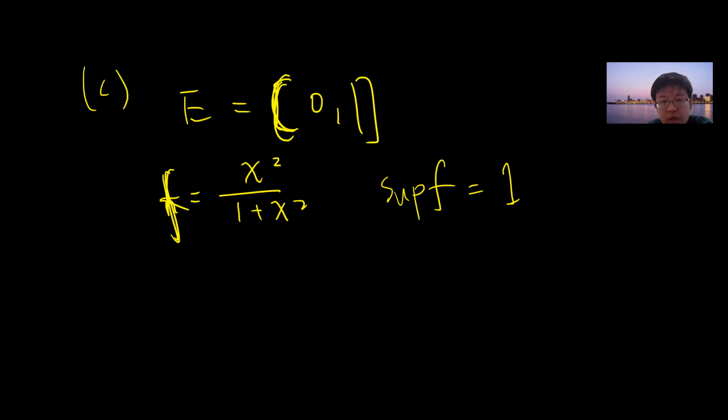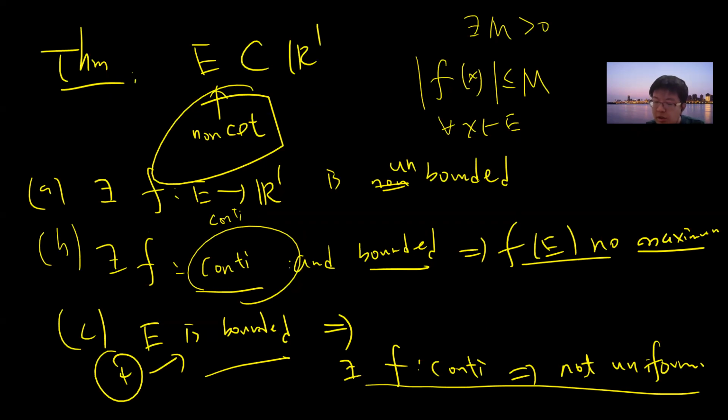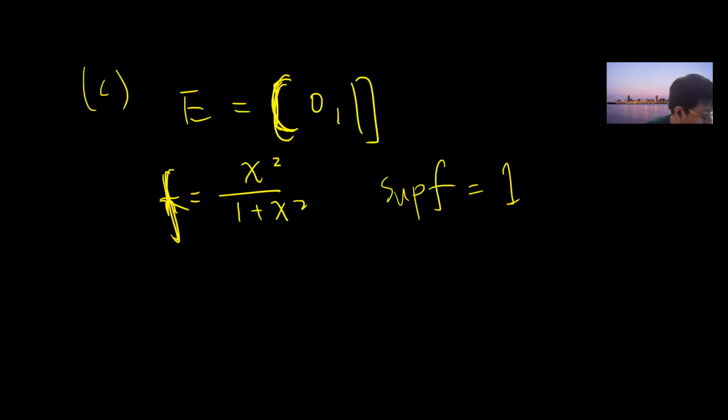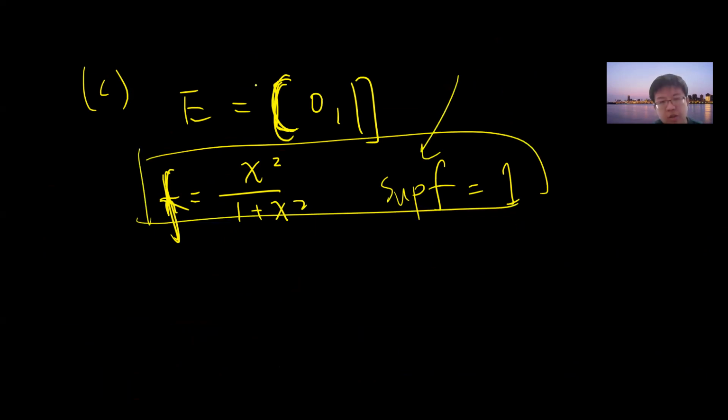Yeah, so C is bounded, and there is a continuous function that is not uniformly continuous. Yeah, C is a little bit difficult, I think. So let me find C in the next video. I need to think a little bit.